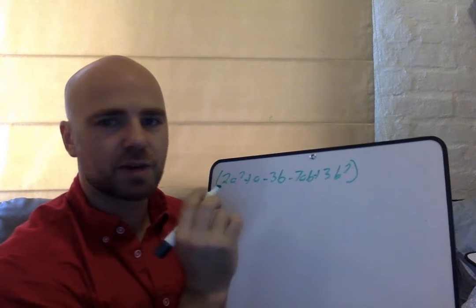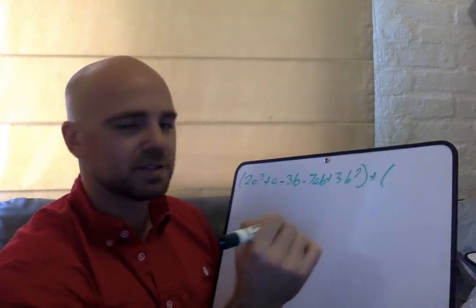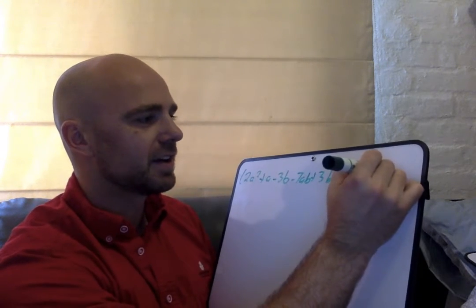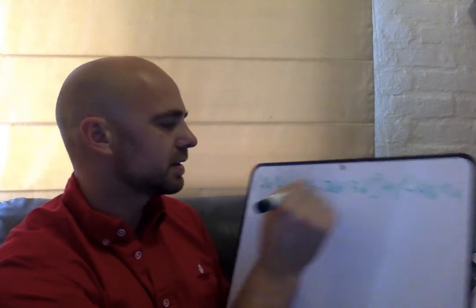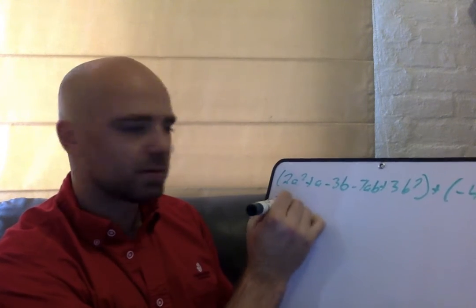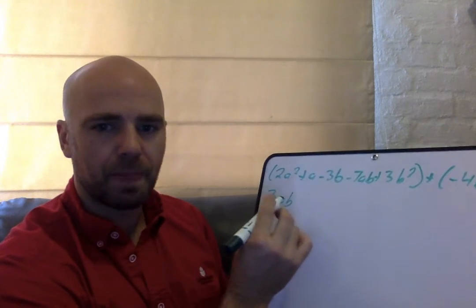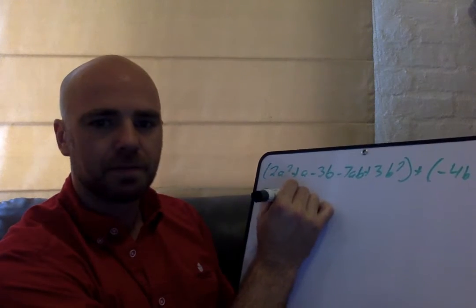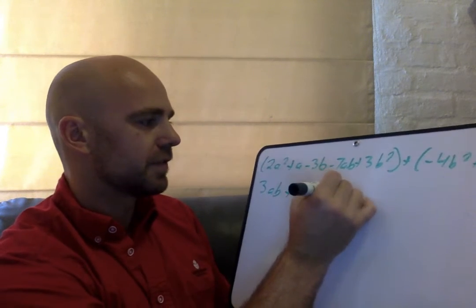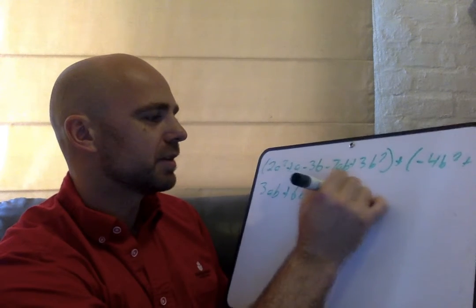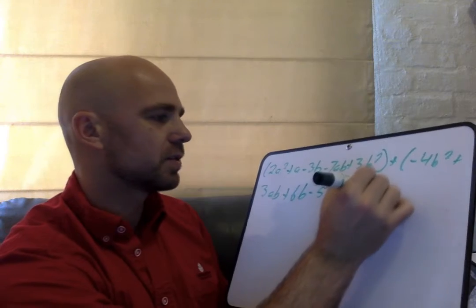That's the end of the first bracket. Plus, this is going to take a second line, negative 4b squared plus 3ab plus 6b minus 5a plus 5a squared.